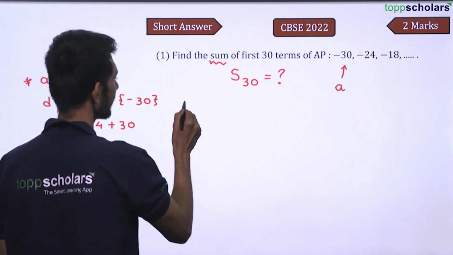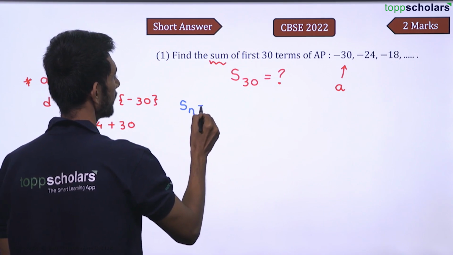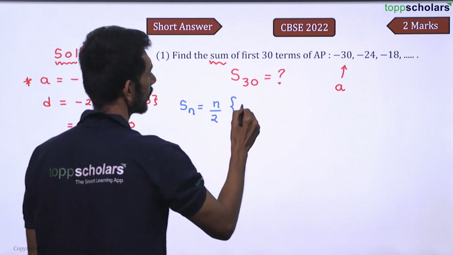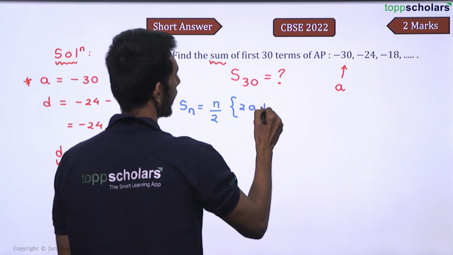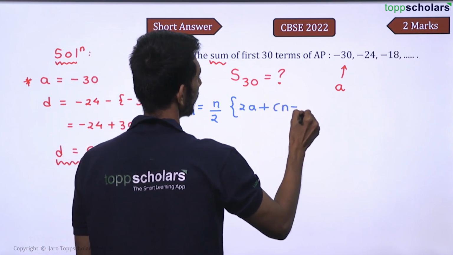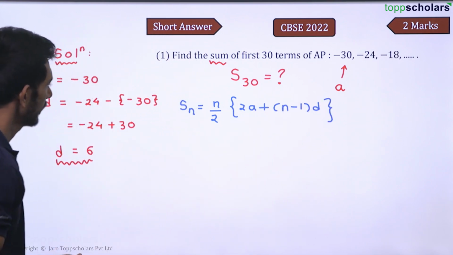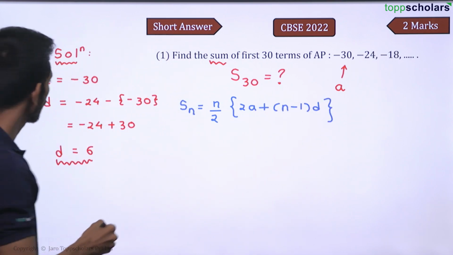What is the formula for Sn? Sn is equal to n by 2 into 2a plus n minus 1 into D. Correct? This is the formula. So put it over here.